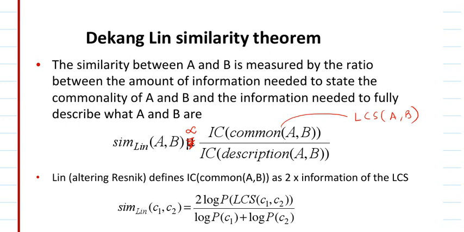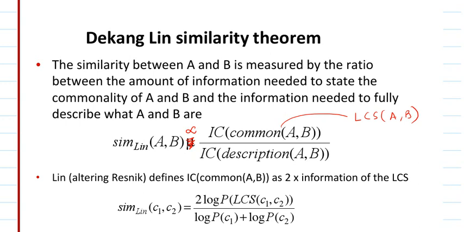And the description of A and B independent of each other can be defined by the information, or simply the log probabilities of P of C1 and C2, or P of A and B, right?